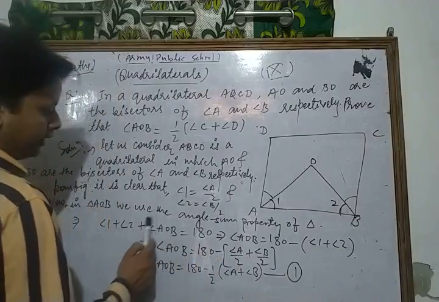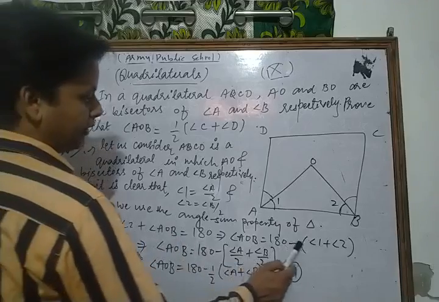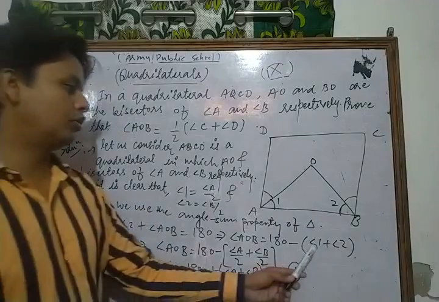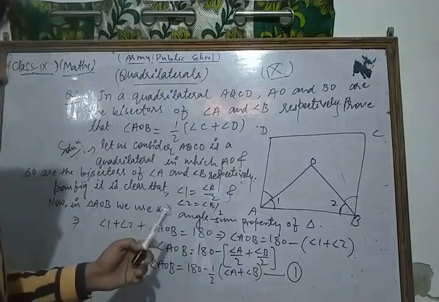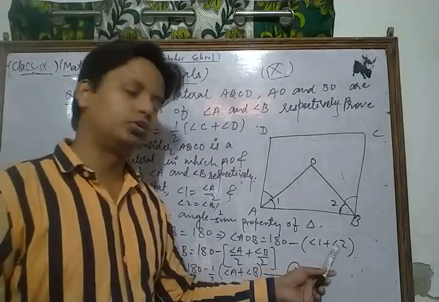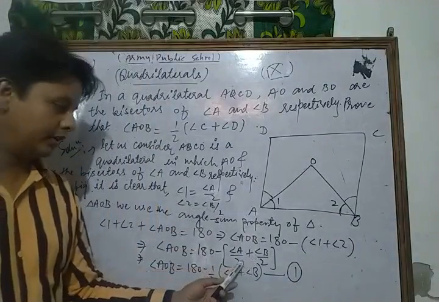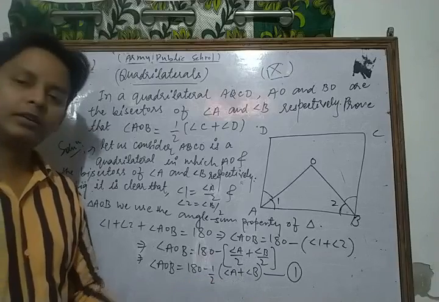So angle AOB is equal to 180 minus angle 1 plus angle 2. We put angle 1 as angle A by 2 and angle 2 as angle B by 2, and take LCM as 2, so we get angle A plus angle B.